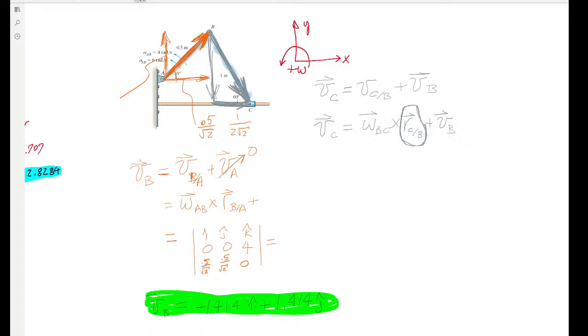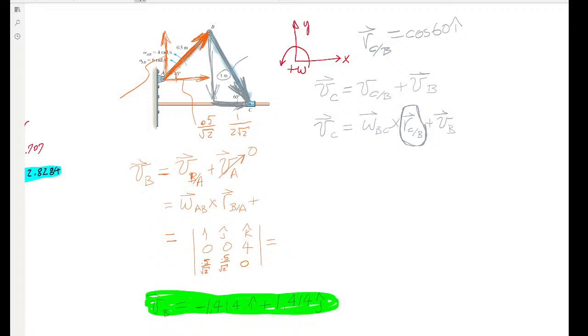So what do you get? You get RCB equals to, the length of this is 1, so that's kind of convenient. So what you see here for the x component, which usually is listed first, you get cosine of 60.